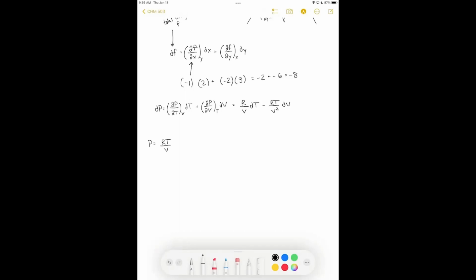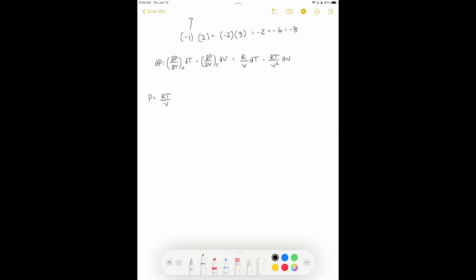There are a couple of properties that will come in handy in the future as we evaluate these expressions. The first one is that for state functions, if we take one partial derivative followed by another, that's the same as if we did the second one followed by the first. I'm using temperature, pressure and volume, but we could use any variables here.